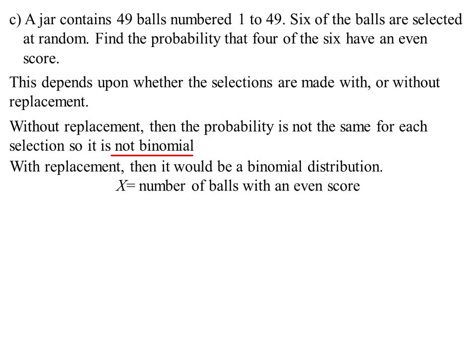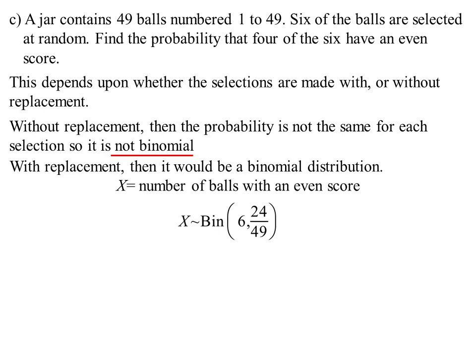Our random variable would simply be, well, the number of balls with an even score. That's what we're interested in. And we know the 2 key pieces of information. n is 6, because we said we're going to pull out 6 balls. We know how many times we're doing it. And the probability of success, well, there are 24 even numbers from 1 to 49, so it will be 24 on 49.